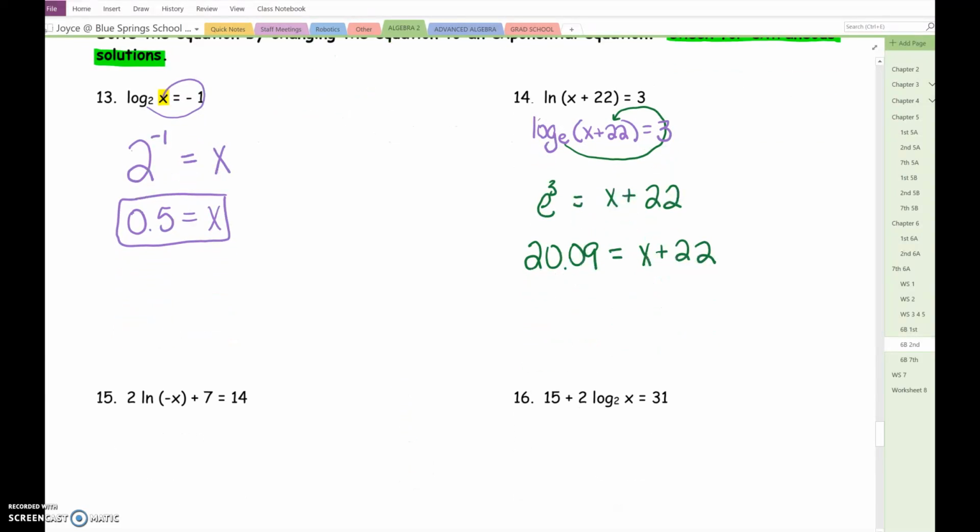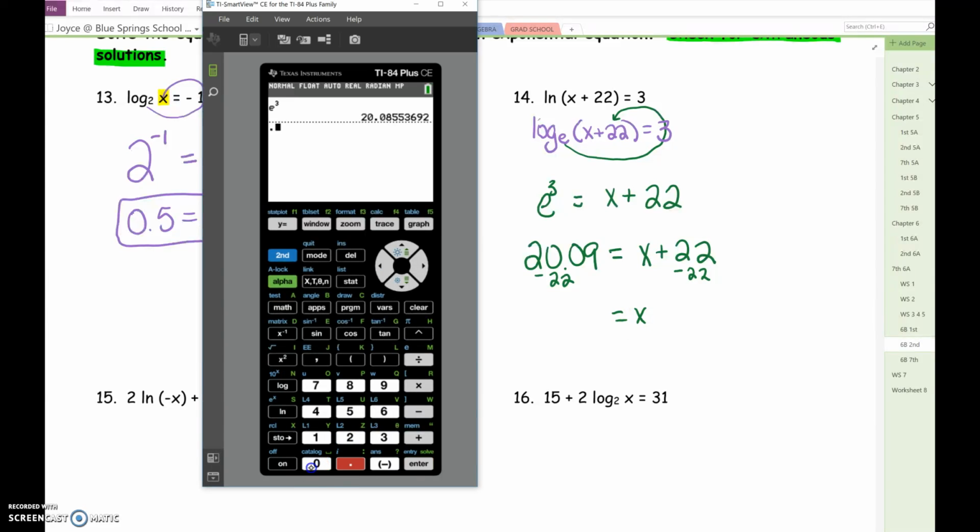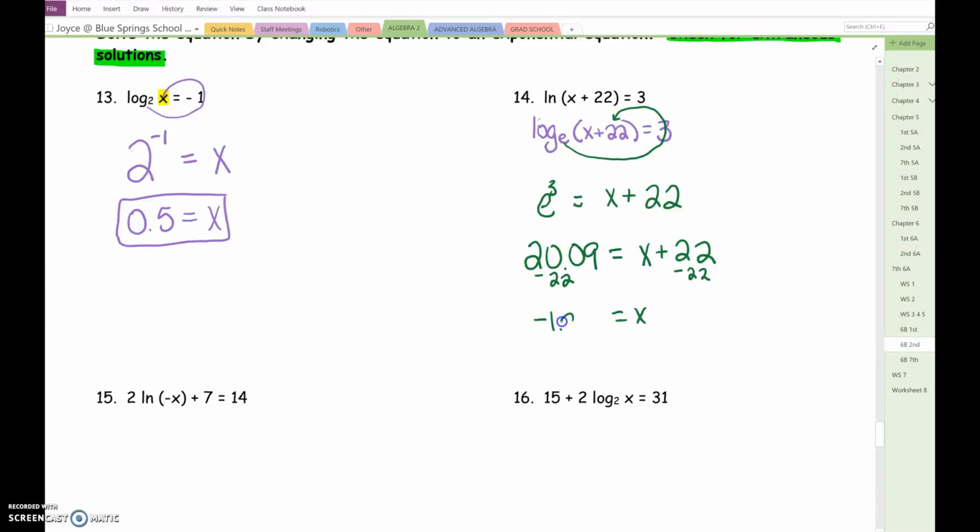What do we need to do to finish this equation? Subtract 22, and that will give us 20.09 minus 22, -1.91.